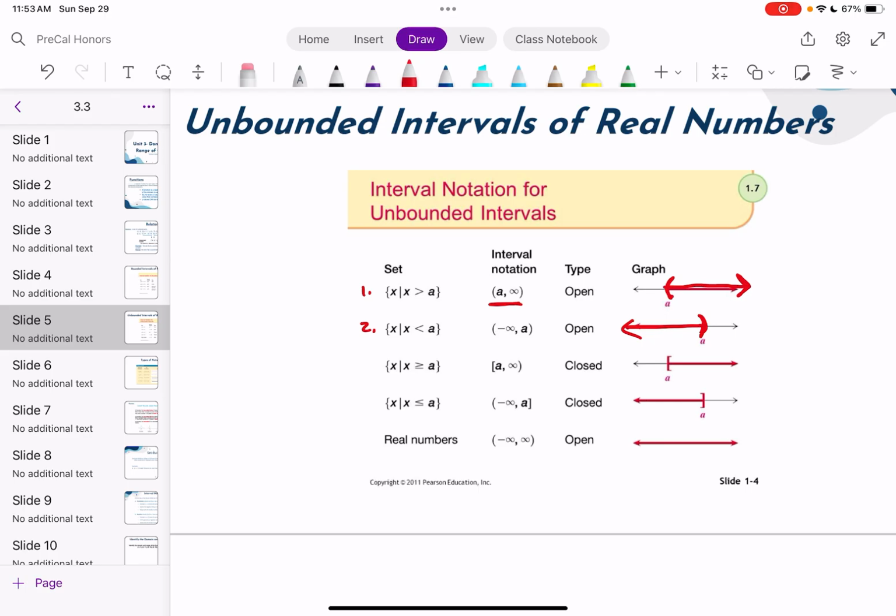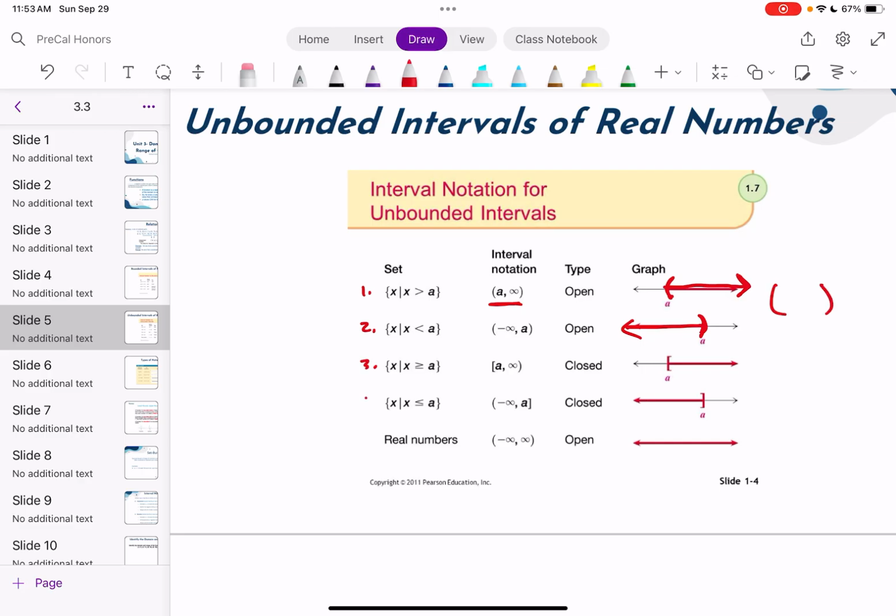Now, what determines open and closed for unbounded is not the fact that it continues to extend or it gets closed off. What it means by open and closed is whether or not you are using a parentheses or whether you are using a bracket. Notice in the case for examples 1 and 2, they are open because parentheses are being used for the first and second example.